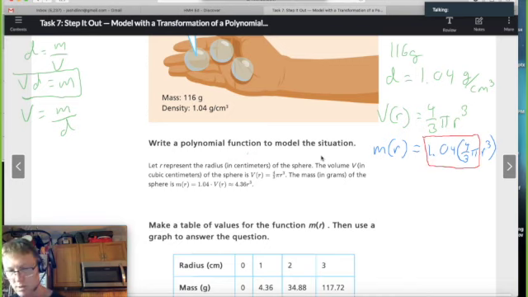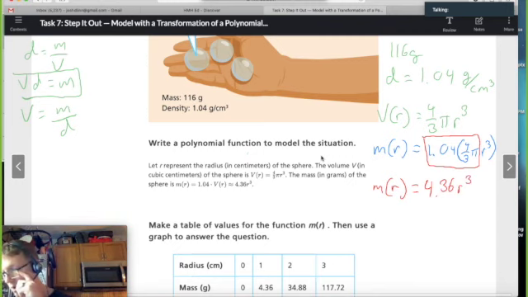I'm not doing that in my head. So I'm going to do 1.04 times 4 divided by 3 times 3.14. And that's going to give me approximately 4.36 r cubed.